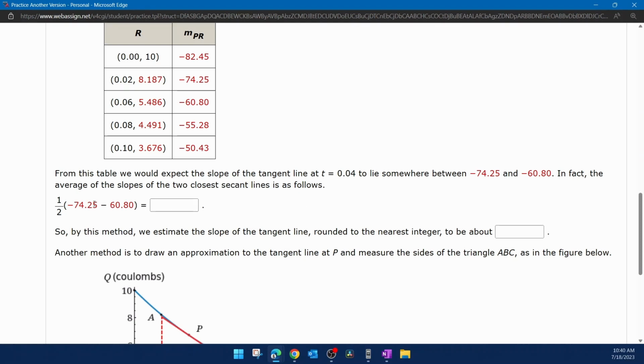And then it says, in fact, the average of these slopes of the two closest secant lines can be calculated with the calculator.